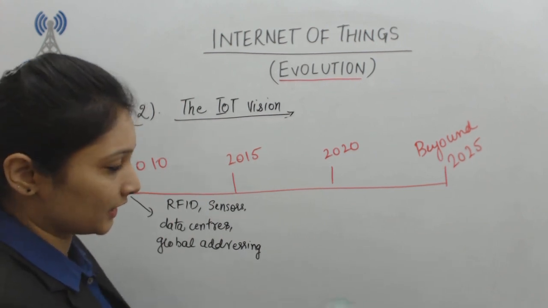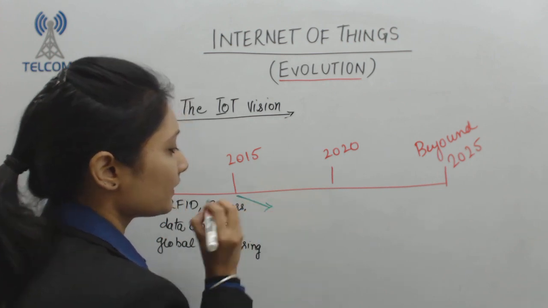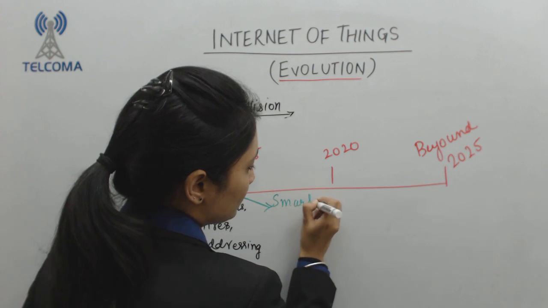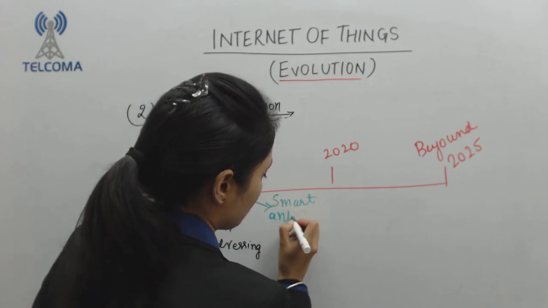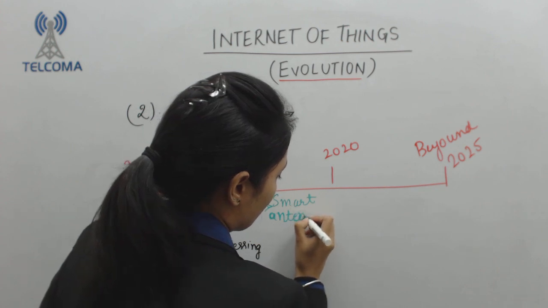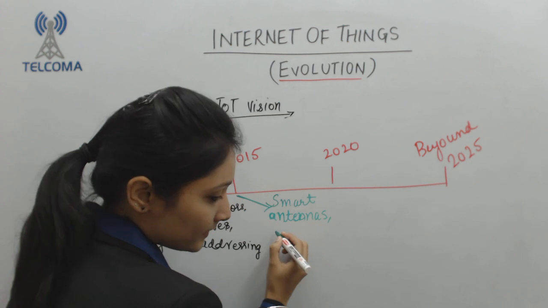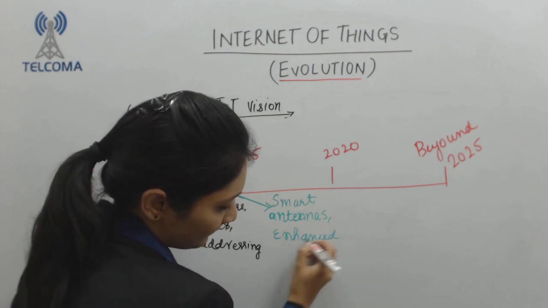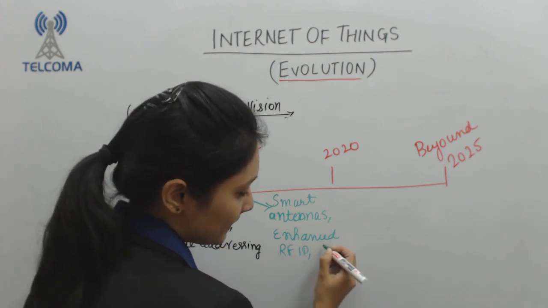In 2015, it has ranged into smart antennas. After smart antennas, enhanced radio frequency identification devices.